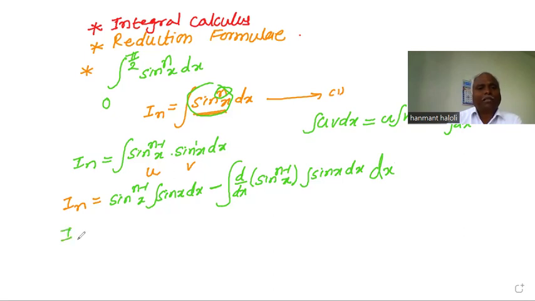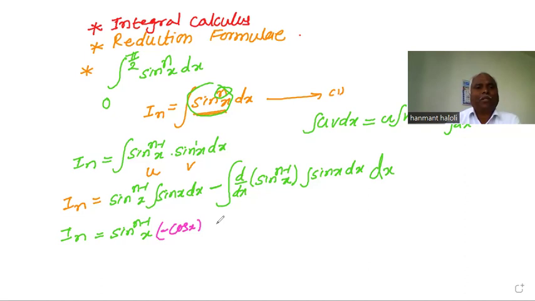Now in this, integrate the terms. Sine raised to n minus 1 x keep as it is. Integration of sin x is minus cos x.